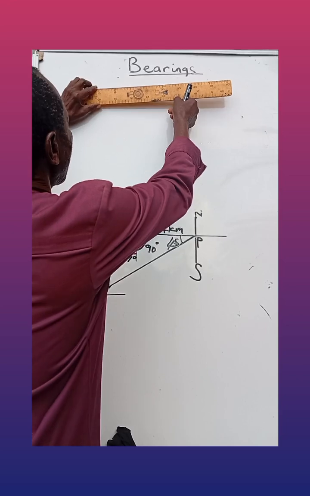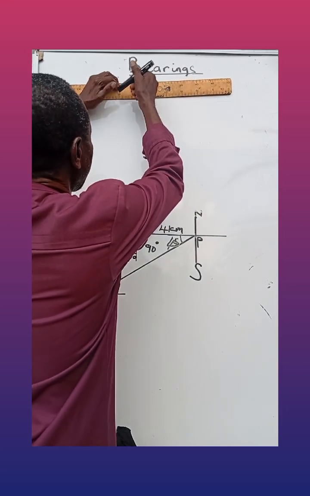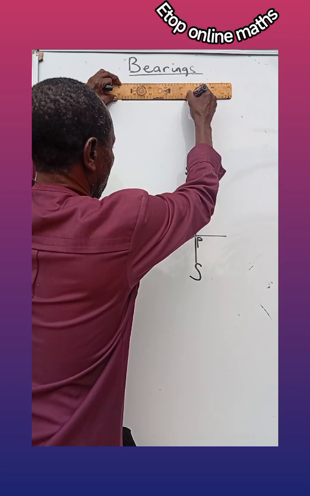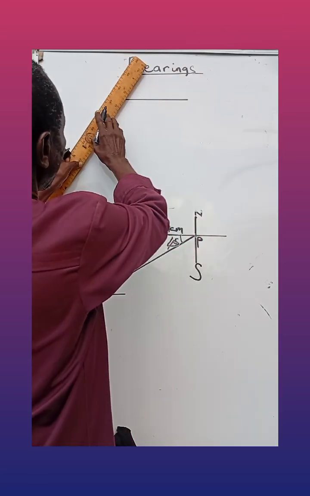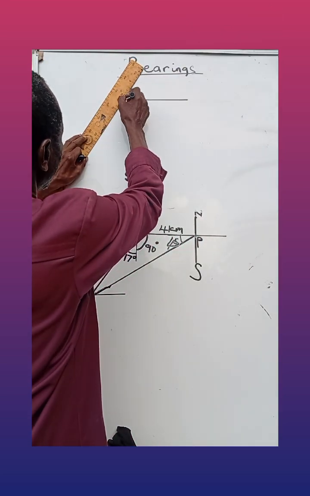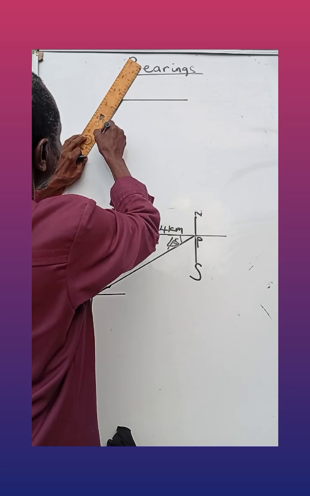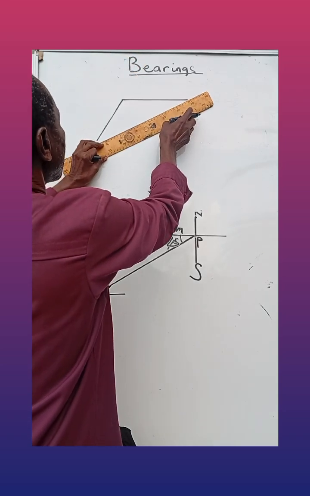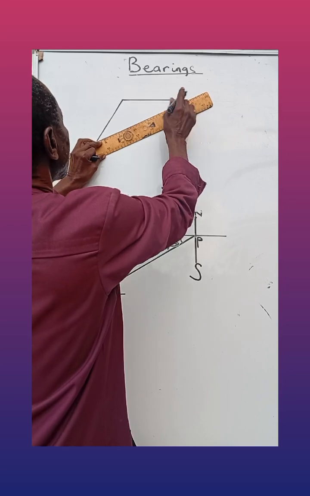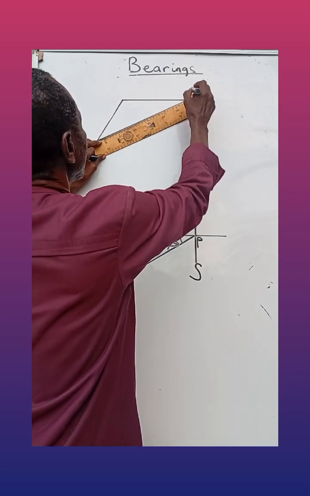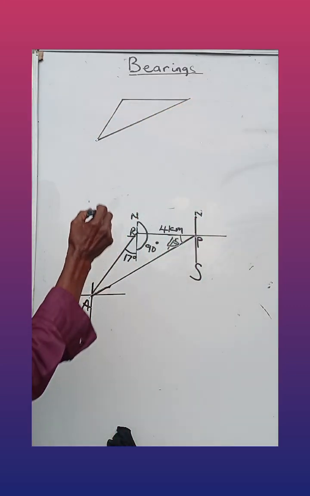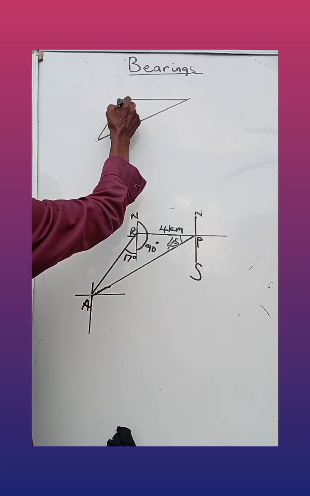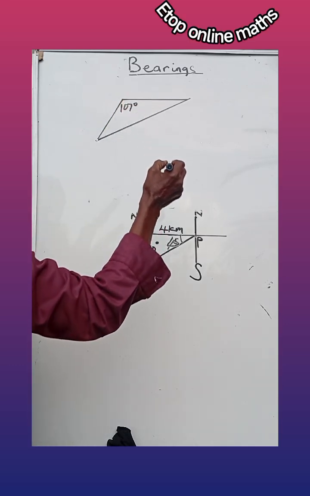So I now draw my diagram again neatly. This angle now becomes 17 plus 90, 107 degrees.